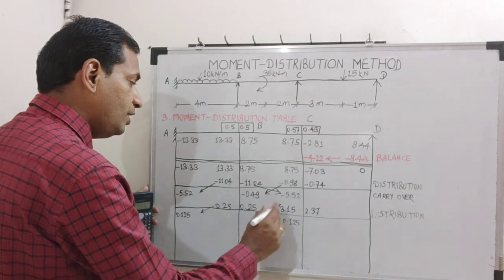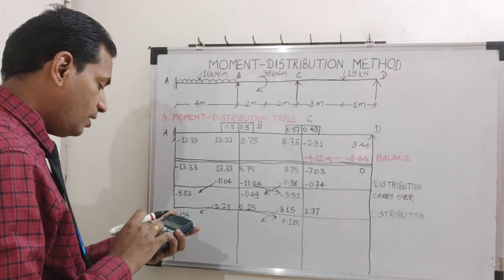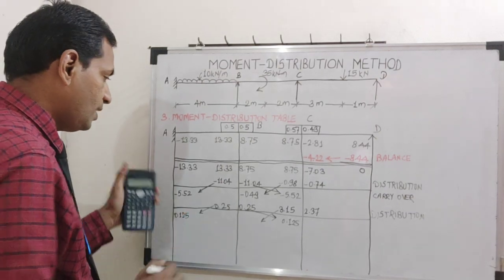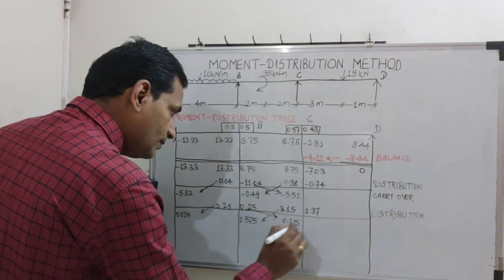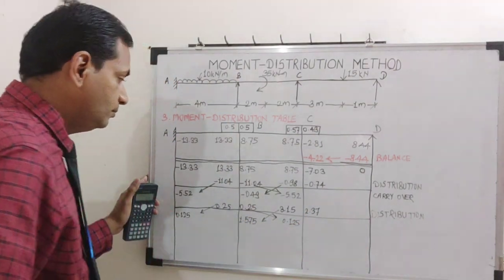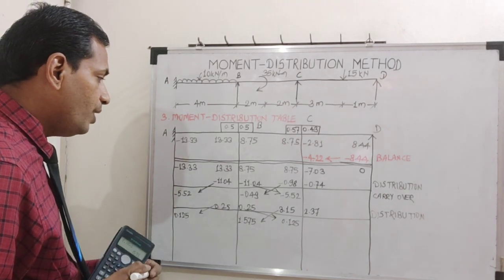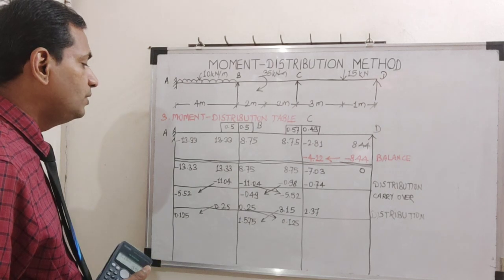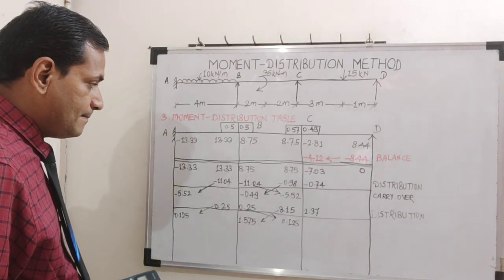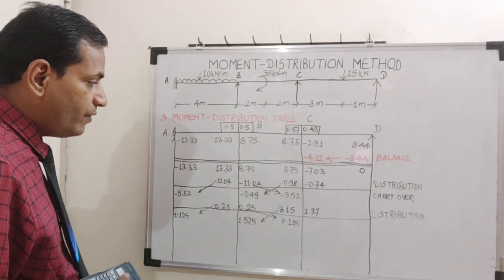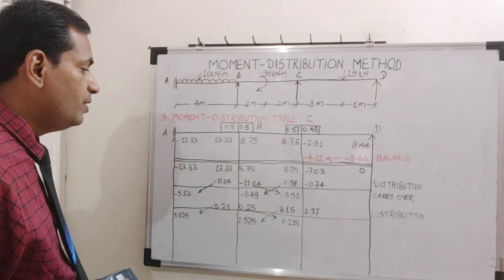Here half of 3.15, how much is that? 1.575. Here no carryover. So now we have some reduced values which are unbalanced and we have to distribute them.